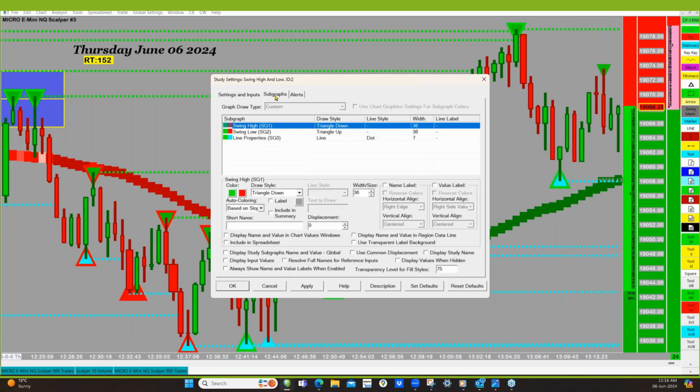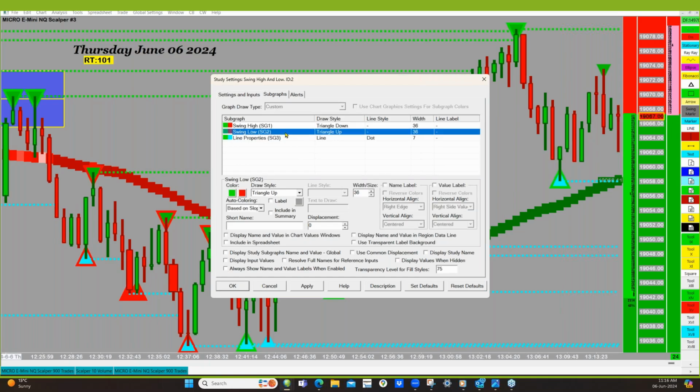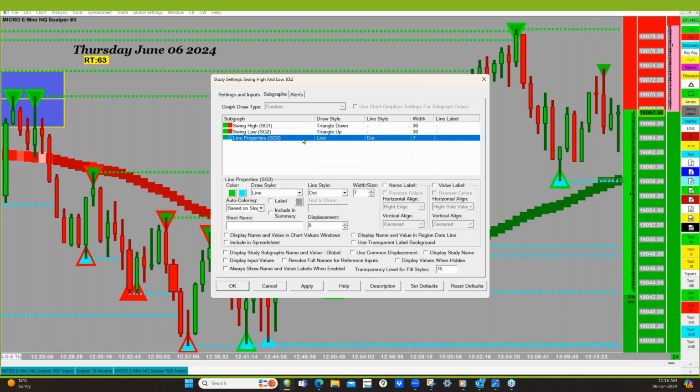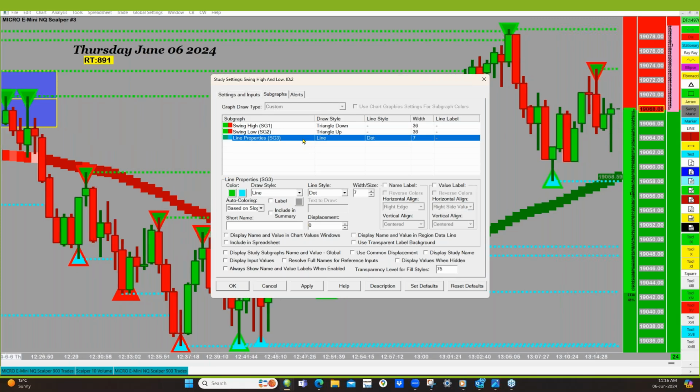And let's go to your subgraph. So we're using a swing high 36, a swing low 36. A line property is in a dot formation, so a square in this case. You can use a point and that would be round. You can use arrows, whatever your platform will allow. Okay, enough said. You can come back and review the settings.